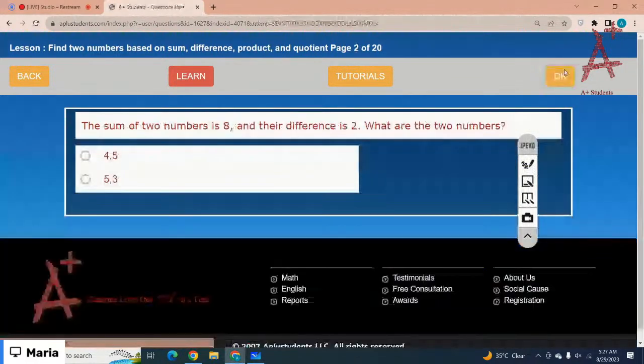Okay, the sum of two numbers is 8 and the difference is 2. What are the two numbers? So which is the correct option?